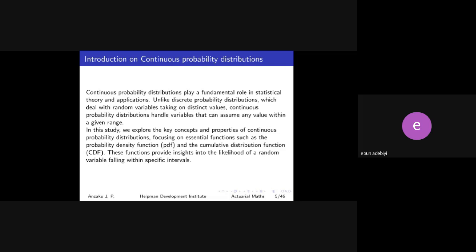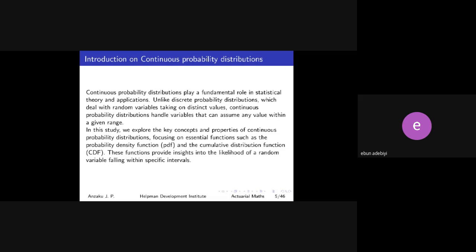So that's the major difference between discrete and continuous probability distributions. The discrete deals with random variables taking on distinct values, integers, while the continuous deals with random variables assuming a value within a range.